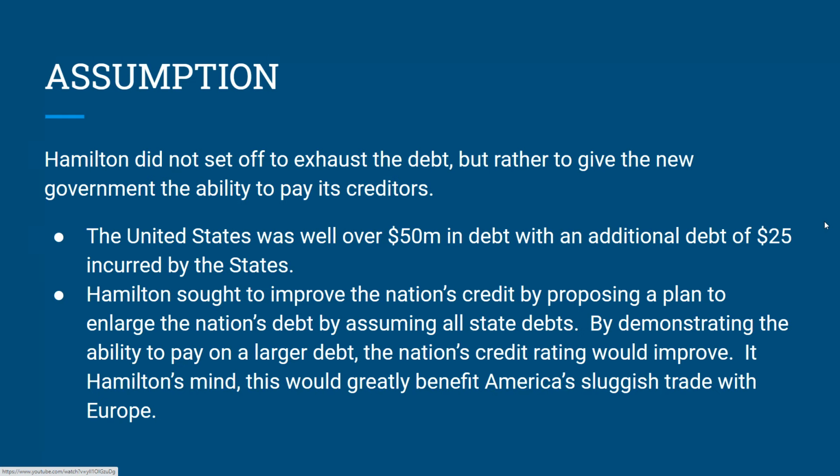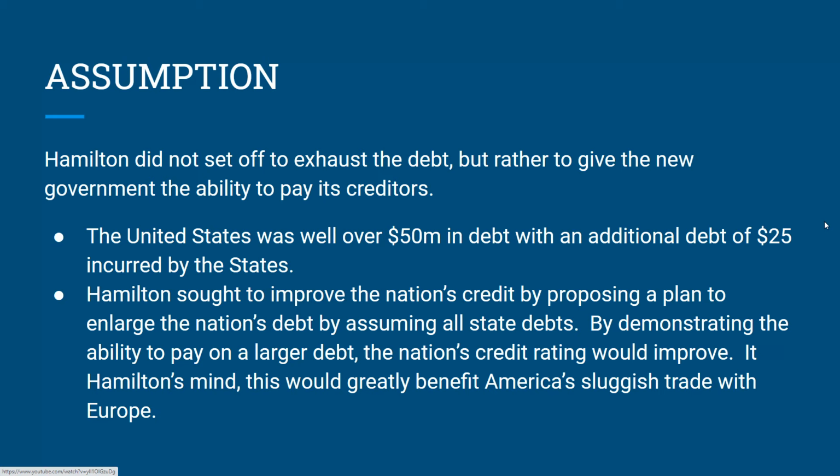So the way you build credit is you have to incur a debt, and then you have to show the ability to pay on that debt. The larger the debt and the ability to pay on it will actually improve the credit rating of the United States.